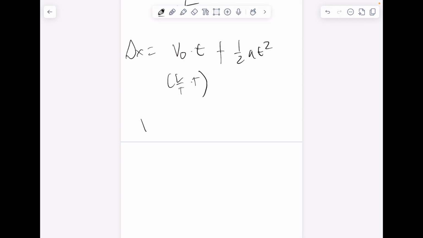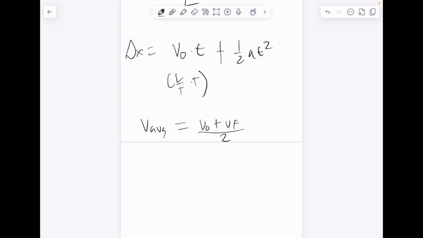So if we want to find the, let's just say, average velocity, we can use the initial velocity plus the final velocity and divide it by 2. And that would give you the average velocity.